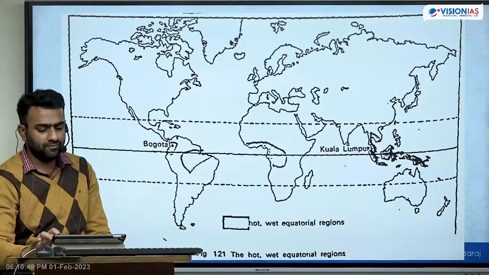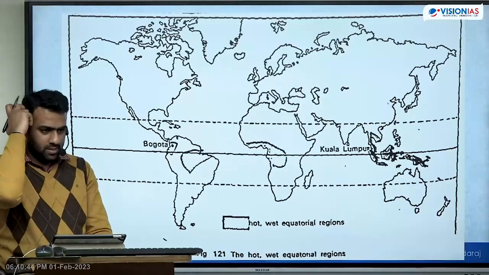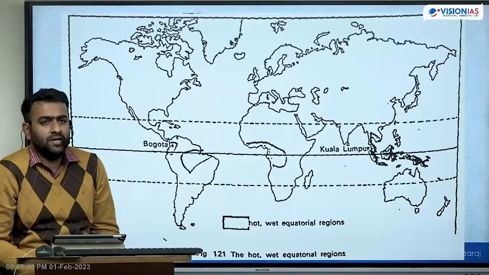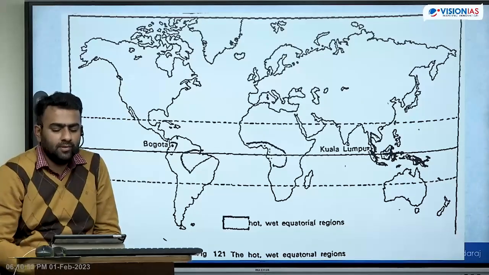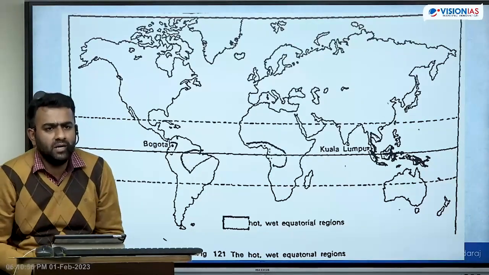Why? How do we calculate diurnal range of temperature? Difference between maximum and minimum. What is the diurnal range? 10 degrees Celsius. How do we calculate annual range of temperature?